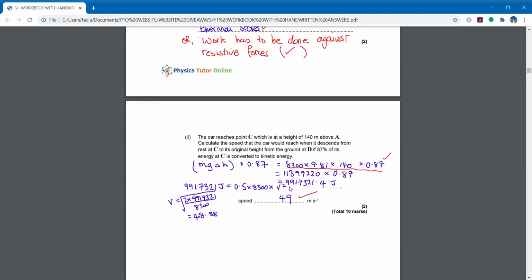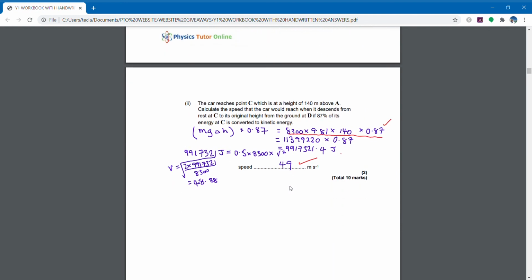Okay, part 2. The car reaches point C, which is at a height of 140 meters above A. Calculate the speed that the car would reach when it descends from rest at C to its original height from the ground at D, if 87% of its energy at C is converted to kinetic energy.